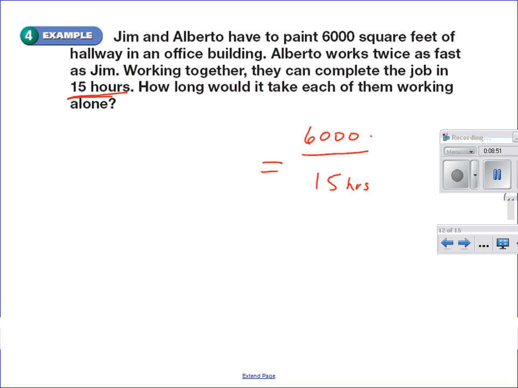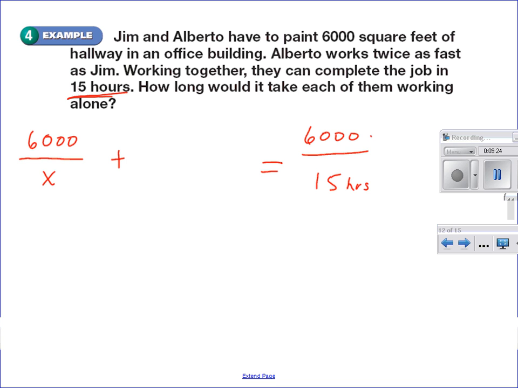Okay. Well, if they're working together, they're going to add their forces of work. Okay. So basically, I've got two workers here. If they were working alone, they would complete 6,000 square feet. Okay. And let's say x is the amount of time it takes one of the workers to get it done.